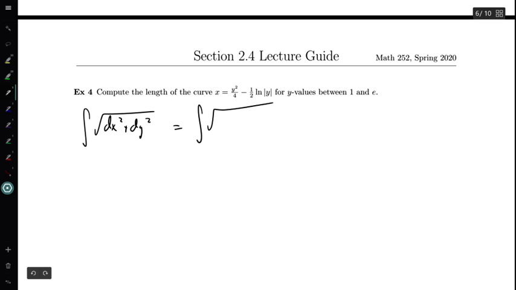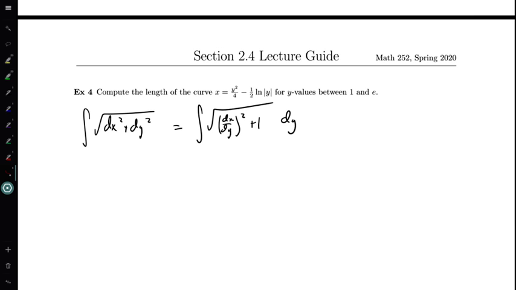And what that would look like would be the square root of dx/dy squared plus 1 dy. And so here we can apply the same process. We have some ability to take dx/dy. And so we can do that, and we can integrate this thing. And once we've done that, we'll have the arc length of the curve.